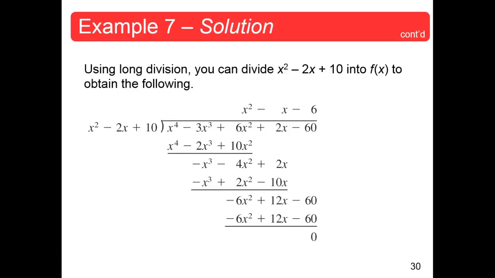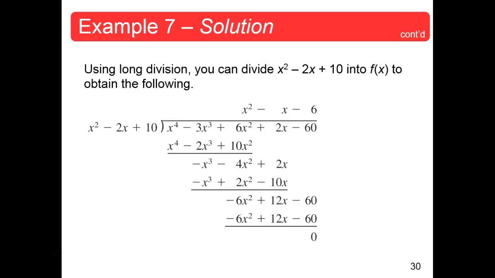Okay? Then they subtract. Now, they don't change signs and add, but when you subtract, let's just go over that. X fourth minus x fourth is obviously 0. Disappeared. Okay? Minus 3x cubed minus 2x cubed, that would be minus a minus is a plus, so that would be a minus x cubed. 6x squared minus 10x squared is pretty obviously negative 4x squared.